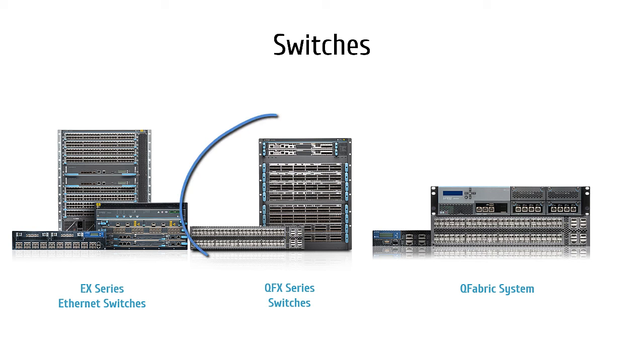Then we have the QFX series switches. This is one of Juniper's newer product lines. These are high-performance, low-latency data center and cloud switches that can be used in a variety of ways, offering a lot of flexibility in constantly changing data center and enterprise environments. These are high-density switches, which means you have a lot of power and ports in a small form factor.